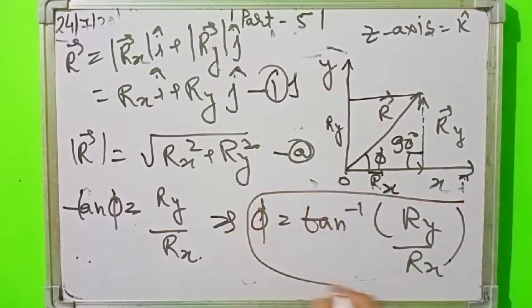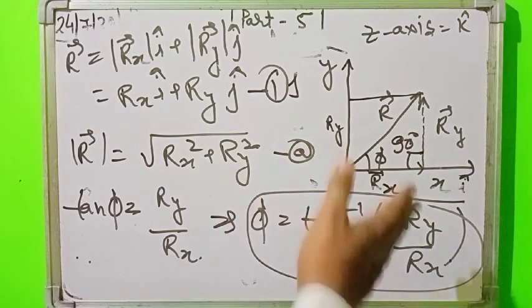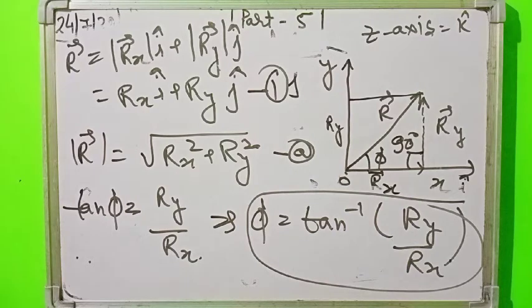This is the angle which the resultant makes with the horizontal axis or x-axis, that is phi.